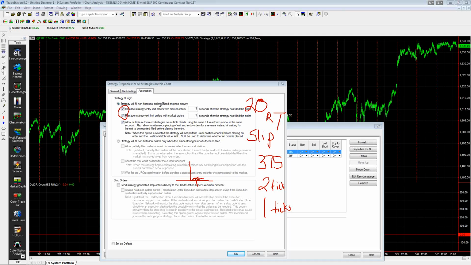But these two are what I do. I replace the strategy limit orders with market orders right there, and then I use 3 seconds. Jury's still out on this number. There's no way to optimize this, but I use 3, and I'm thinking that a shorter time frame might be a little bit better. Maybe 1 second or 0.